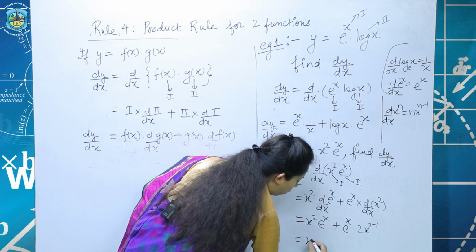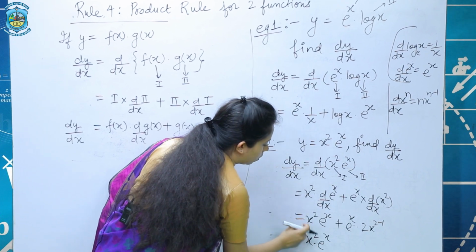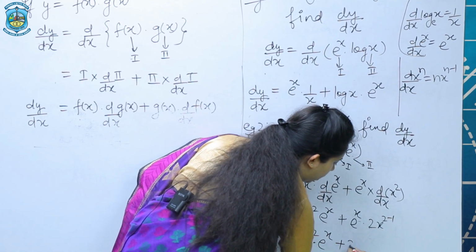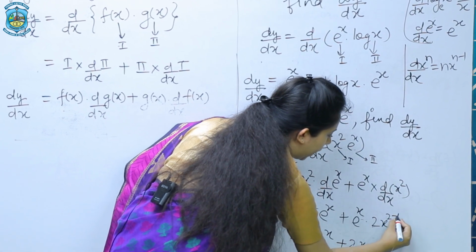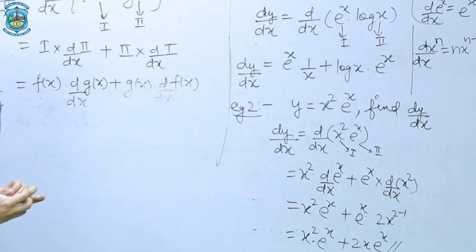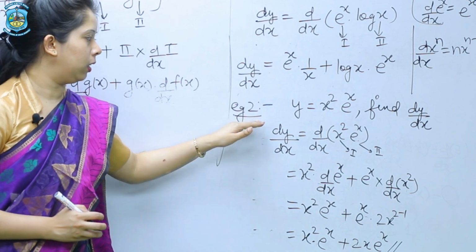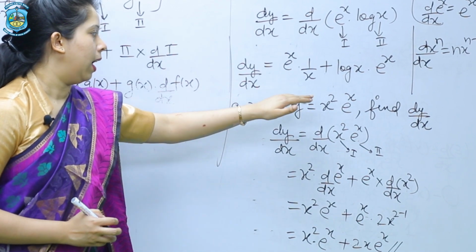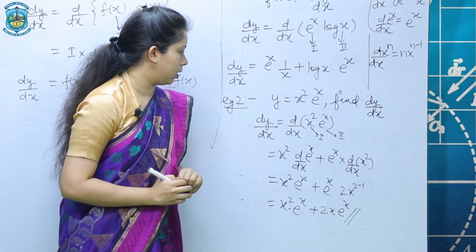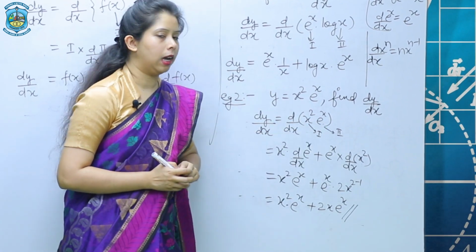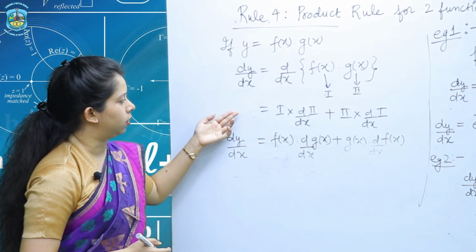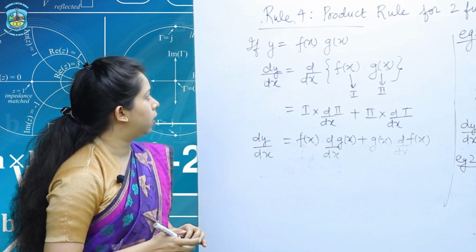So the final value of the derivative will be x square e raised to the power x plus, we will simplify this, this can be written as 2x, 2 minus 1 will give you x, multiplied by e raised to the power x. So this is the value of the derivative for the second function, where we took x square into e raised to the power x. We considered x square as the first function and e raised to the power x as the second function, and applied the product rule for two functions. I hope this is clear to you.